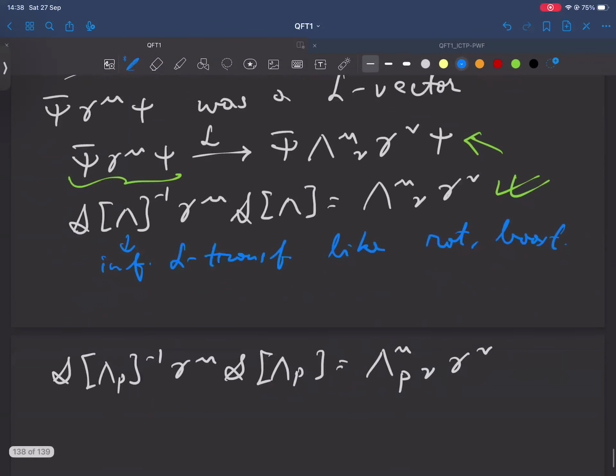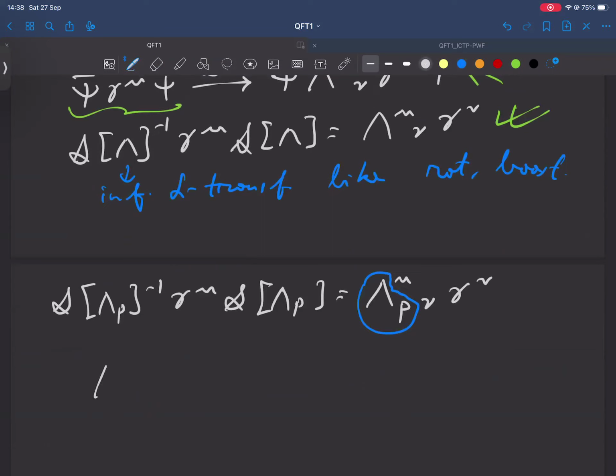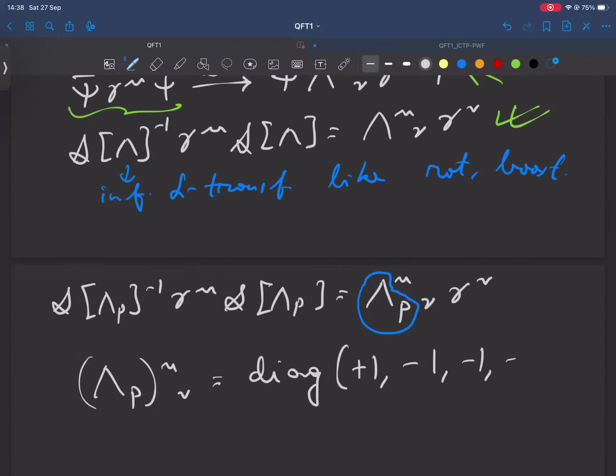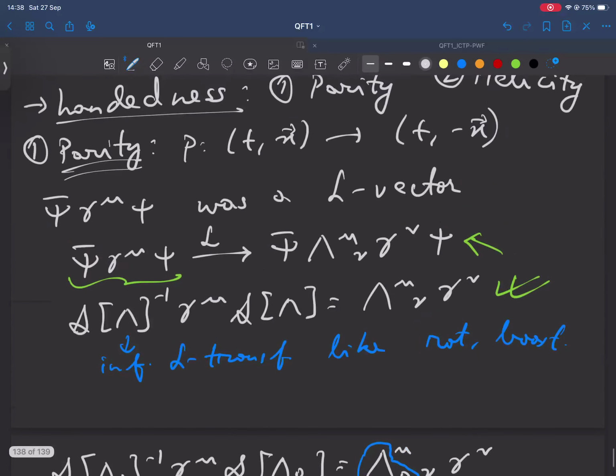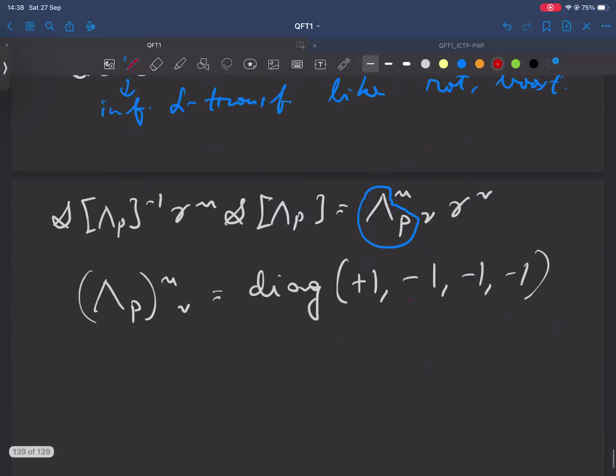This P is not an index; this whole thing is the parity matrix. In other words, lambda P mu nu is, if you remember, the diagonal matrix plus 1, minus 1, minus 1, minus 1, because all it does is flip x to minus x. That's why you have minuses for the x and plus for the t. So this is the equation that we want to look at, and we want to see what kind of S lambda satisfies this.